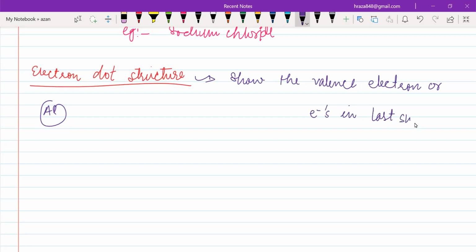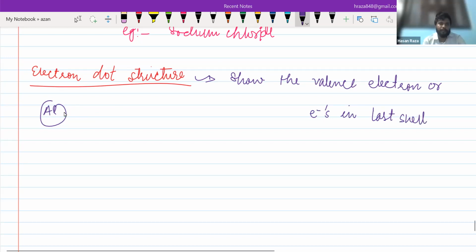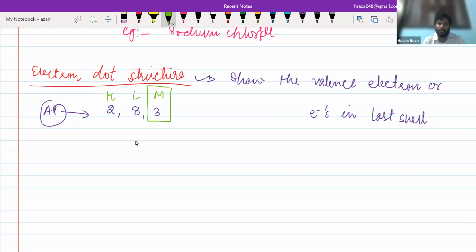If we take the example of aluminum, we know the configuration will be 2, 8, 3, and you can see this is first shell K and then L and then M. In the last shell we have 3 electrons. That means for aluminum, I'm going to show the electron dot structure like this.